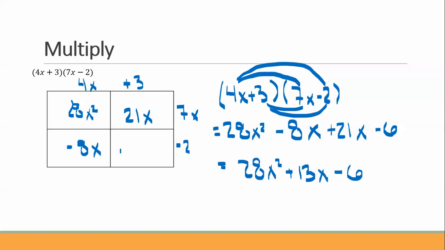And 3 times negative 2 is negative 6. And now add along our diagonals. And we have 28x squared plus 13x, from negative 8x and 21x, and minus 6.